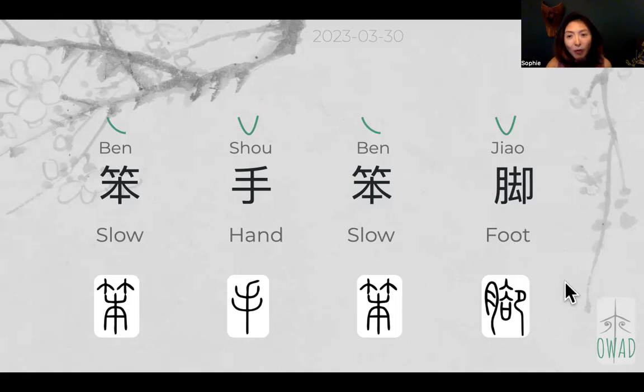And then 脚, again, we have this muscle. So I would imagine that's almost like a depiction of the biceps, side view of biceps, right? And then you have muscle kind of signified over there. So that's your muscular symbol. And then this is the kneeling sign.